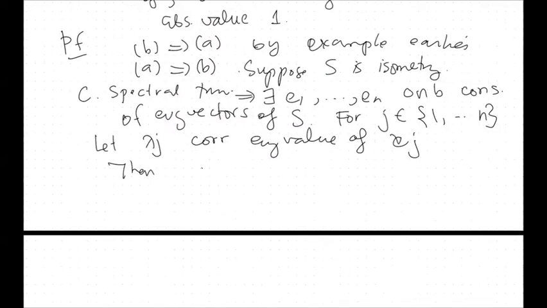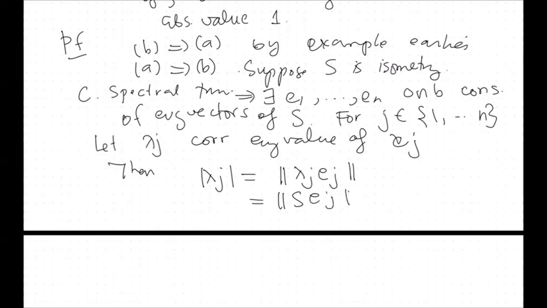Then the magnitude of lambda sub j is equal to the norm of lambda sub j e sub j, which is just equal to the norm of S of e sub j by our earlier claim. And this is equal to the norm of e sub j, which is just 1.